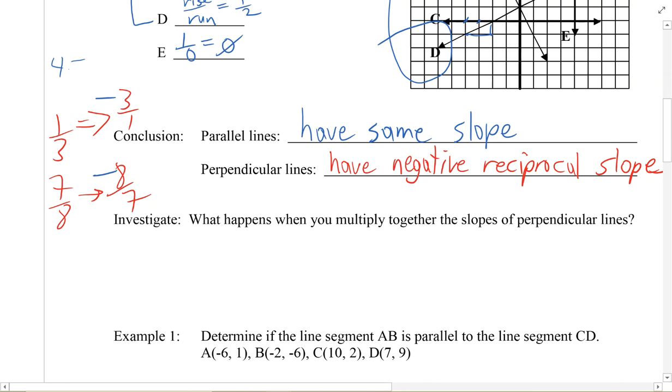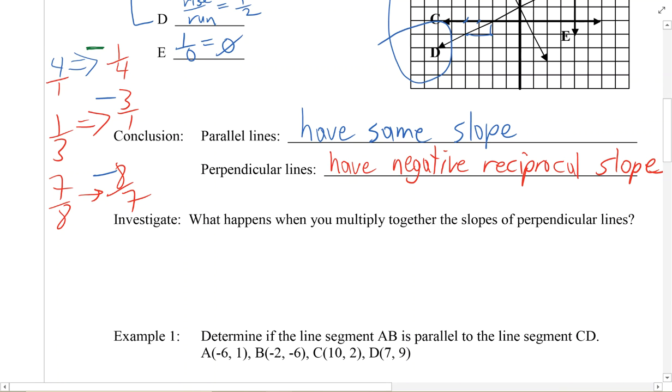What is the negative reciprocal of 4? Well, what's 4 as a fraction? 4 over 1. So the negative reciprocal would be -1 over 4. You got to use your thinking skills here. And the negative reciprocal then would just be add a negative sign. Okay? So those are examples of negative reciprocals.